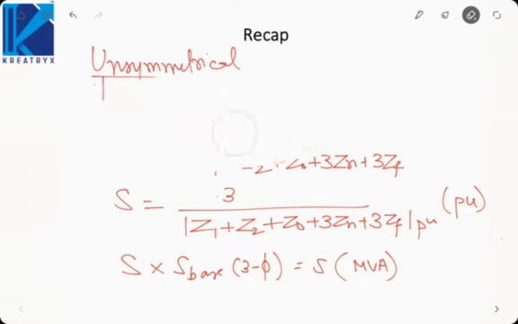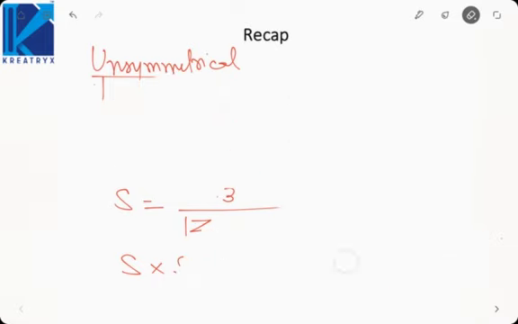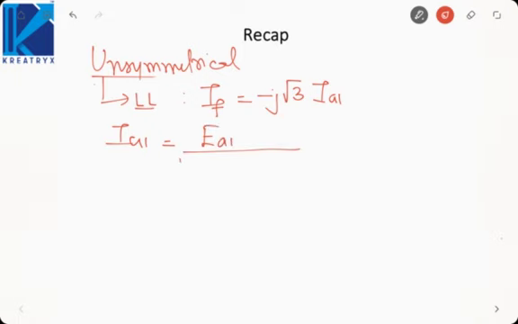Similarly, the next type of fault that we saw was the double line fault, or a line to line fault. In this we saw the fault current was equal to minus j root 3 IA1, where IA1 was equal to EA1 by Z1 plus Z2 plus ZF.